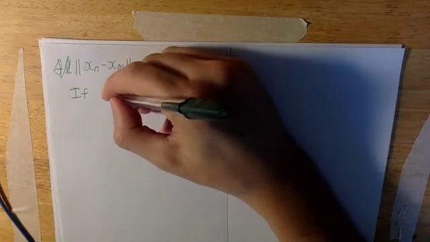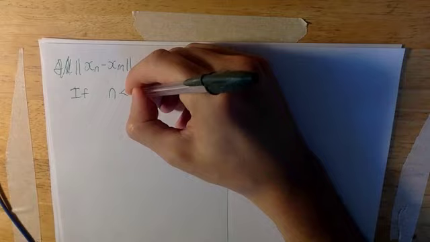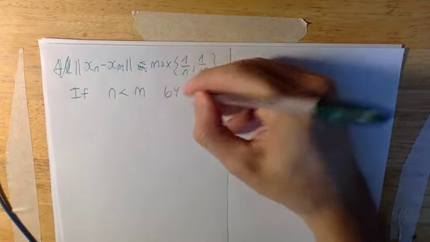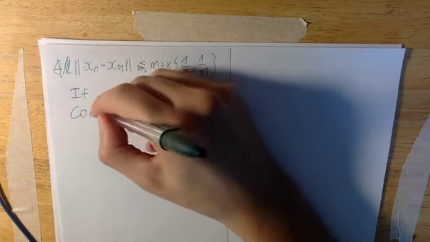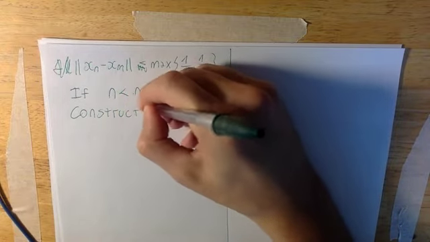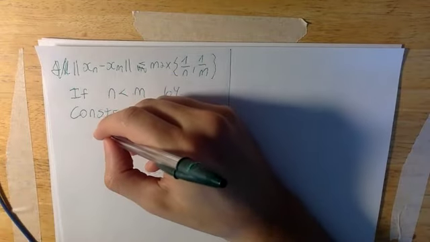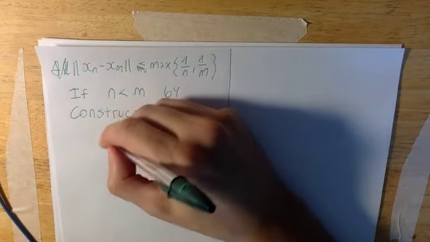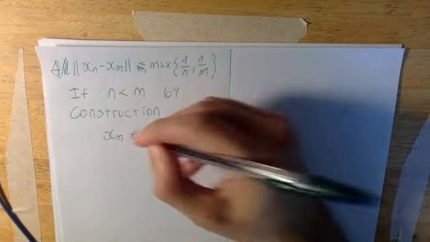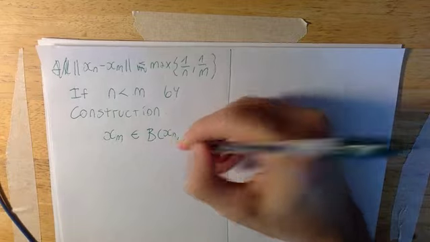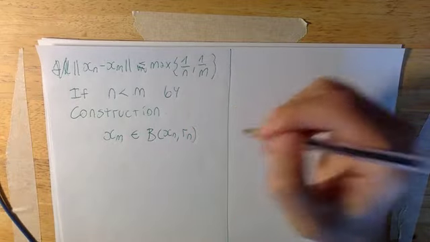If n is smaller than m, then by construction xm is in the ball of xn with radius Rn.